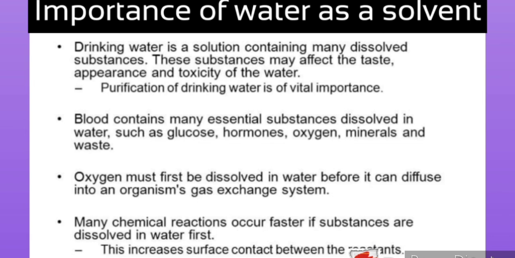Many chemical reactions occur faster if substances are dissolved in water first. This increases surface contact between the reactants. So, what do we say? That any reaction which is taking place in your body, or any reaction which is taking place outside, any chemical process, all these require water as a base which can make it faster.